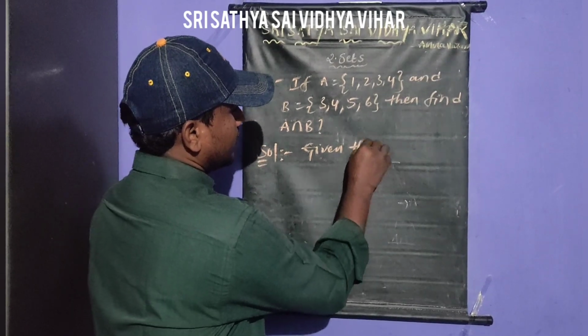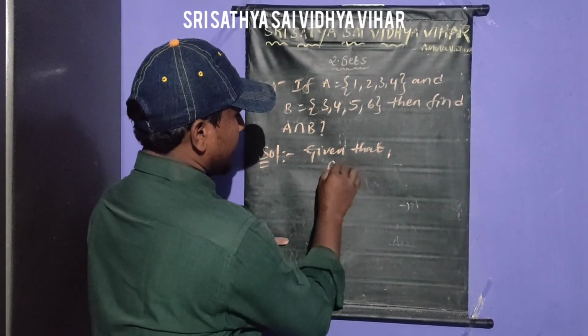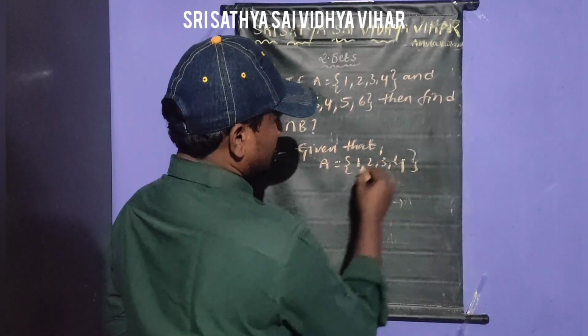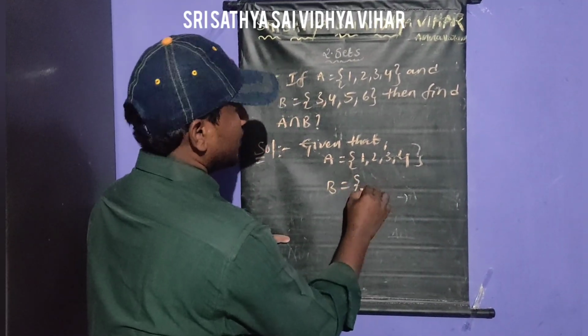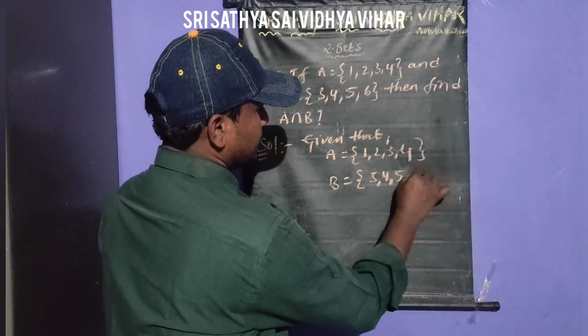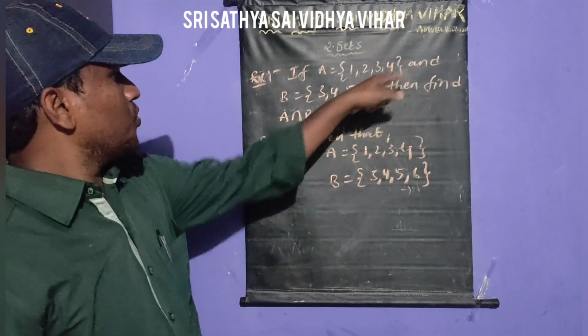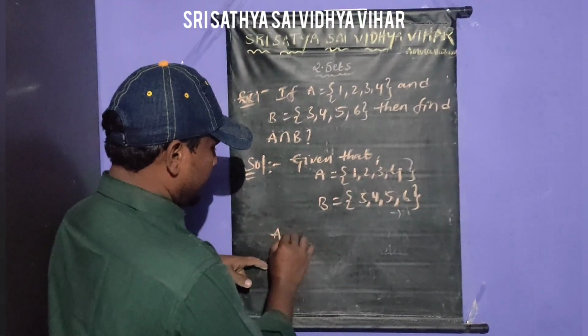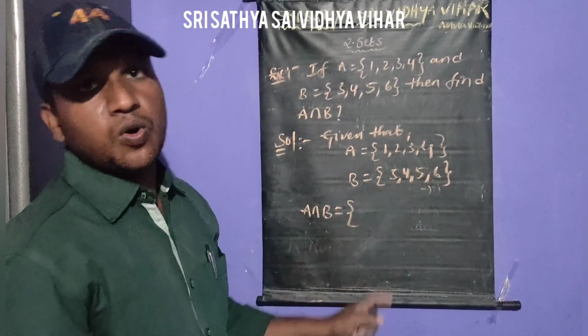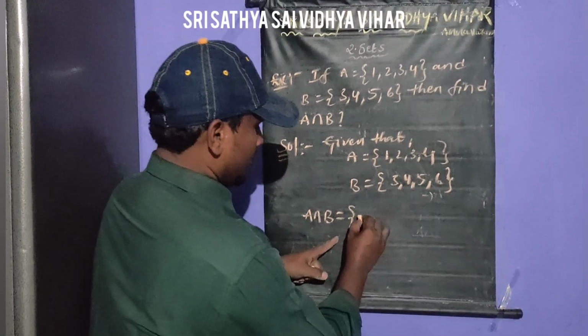Given that set A is {1, 2, 3, 4}, set B is {3, 4, 5, 6}. We have to find A intersection B, only common elements of sets A and B.